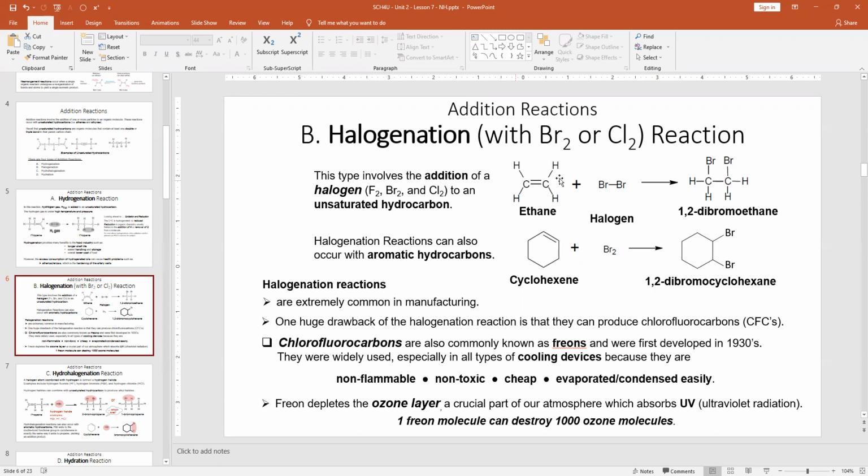So a hydrocarbon molecule such as ethene that has a double bond, or if a molecule has a triple bond, then you can add a bromine or a chlorine or a fluorine to it, and you can get a new compound.